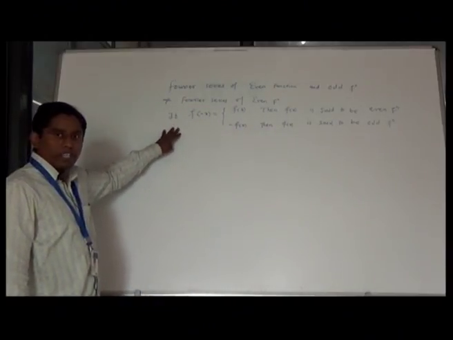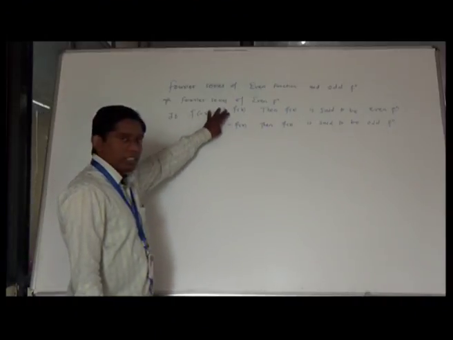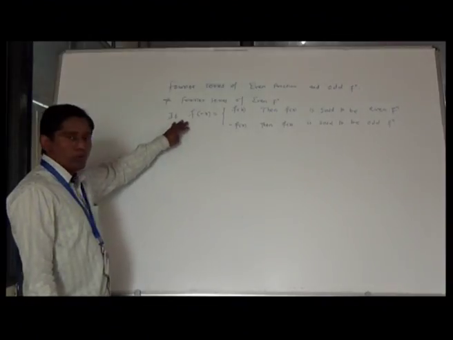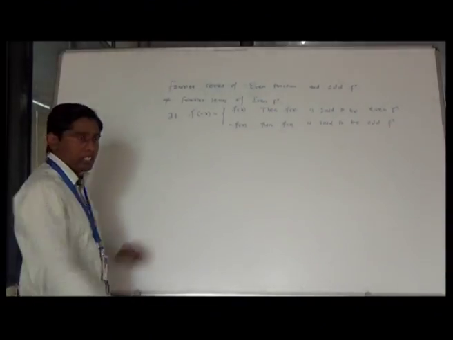So this is the definition of even function and odd function. Now we have to find the Fourier series of even and odd function.